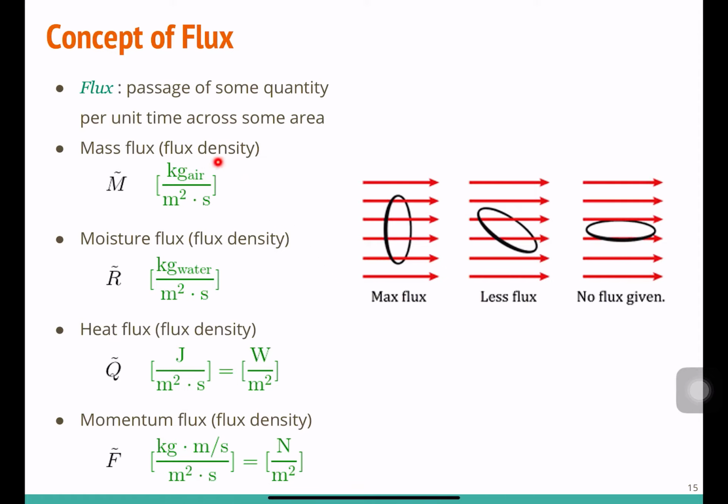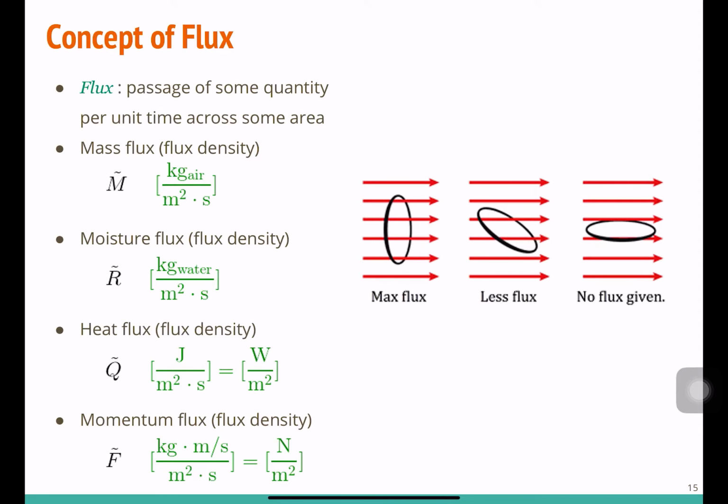So mass flux is the weight of your air per unit area per unit time, and here moisture per unit area per unit time, and here energy, joule per unit area per unit time, and also here momentum flux, this is momentum, right, per unit area per unit time.